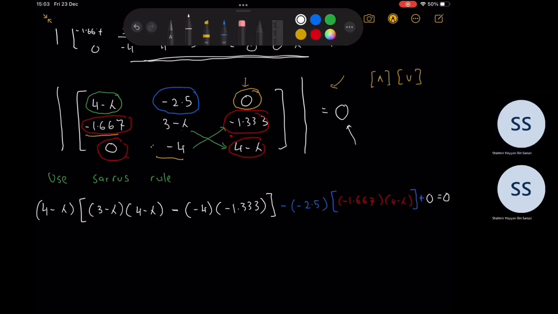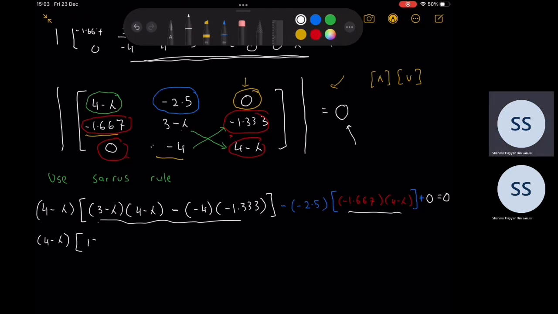Okay, so what you need to do now is expand everything in the bracket. So you got 4 minus lambda, 12 minus 3 lambda minus 4 lambda plus lambda squared minus 5.333.